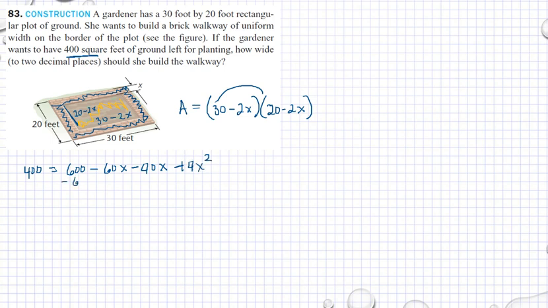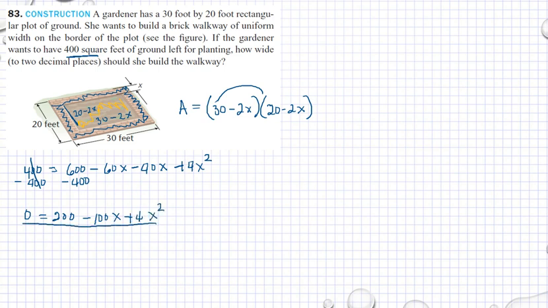If we subtract 400 from both sides of the equation, then we have 0 equal to 200 minus 100x plus 4x squared.